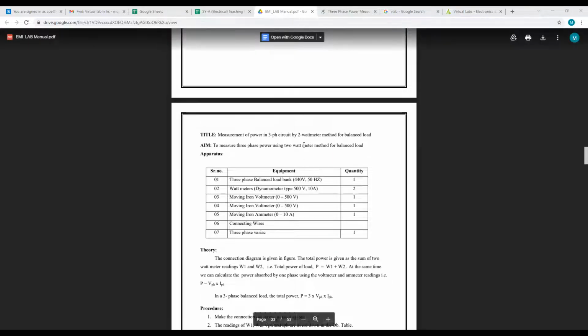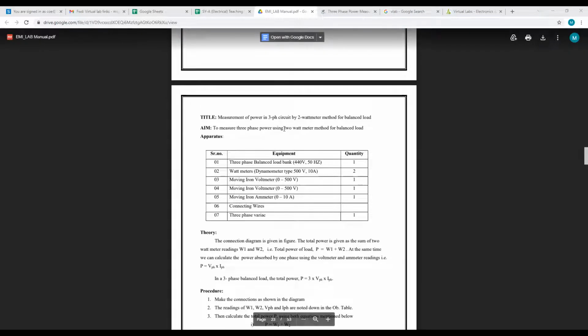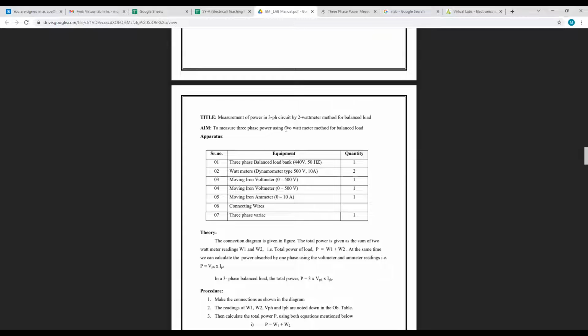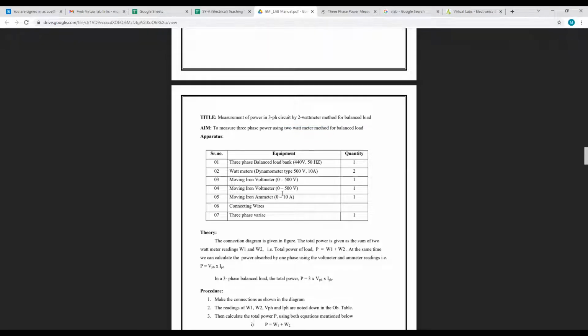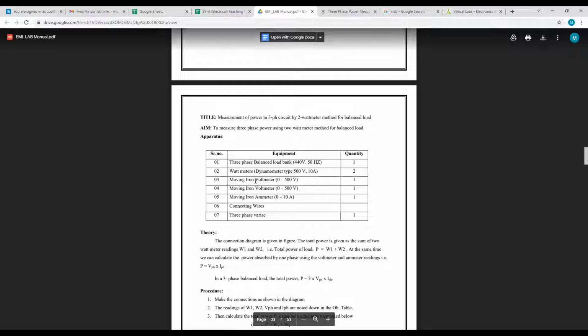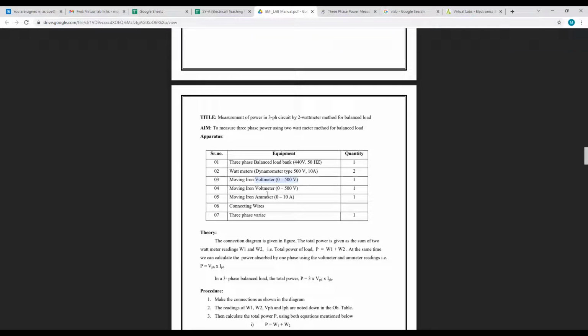Next one. The title itself indicates the 2 wattmeter method. How many wattmeters are required? 2 wattmeters are required here now. Then a moving iron voltmeter, or whatever it may be. Voltage measure करना है, voltmeters चाहिए.